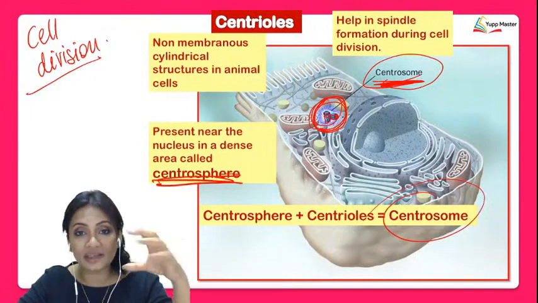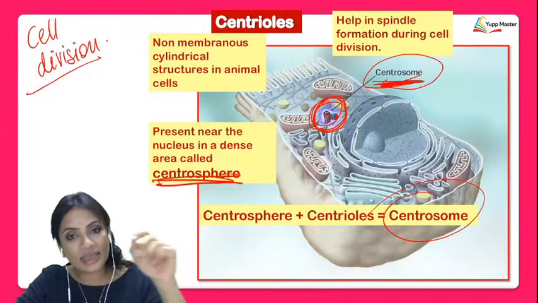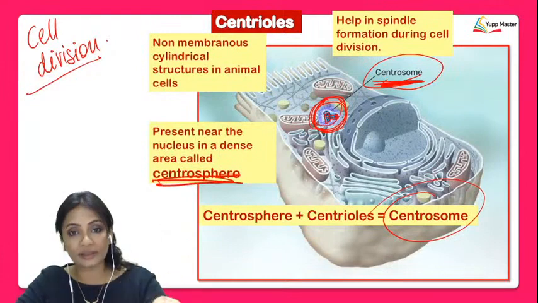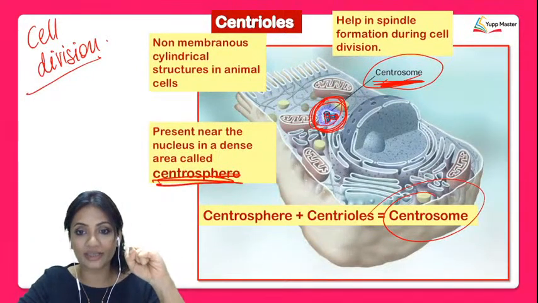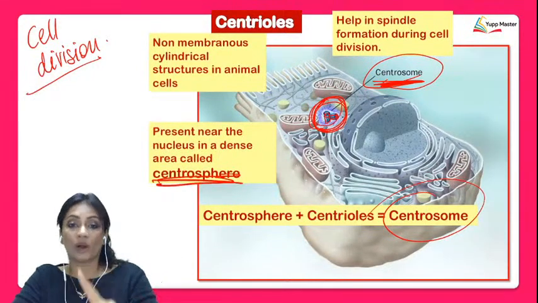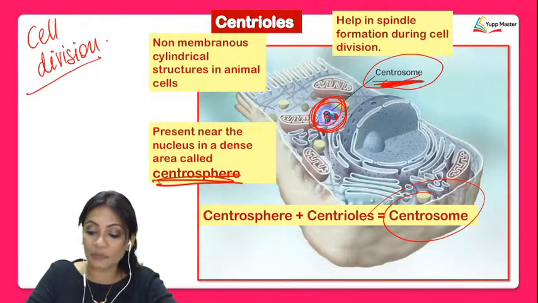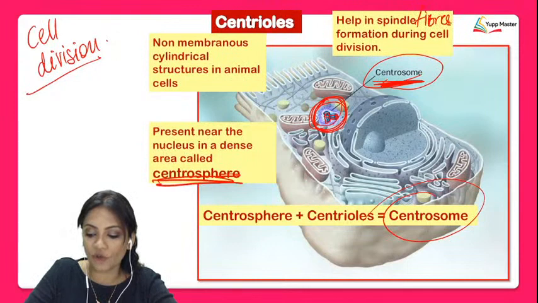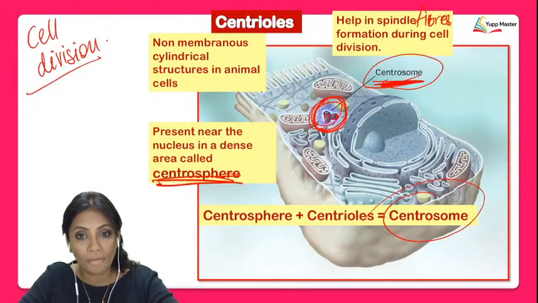So the centrosphere is the cytoplasm, inside that is the centriole, and together that whole structure is called the centrosome. What is the centriole useful in? In spindle fiber formation. These spindle fibers, which are formed during cell division, are formed by these centrioles.